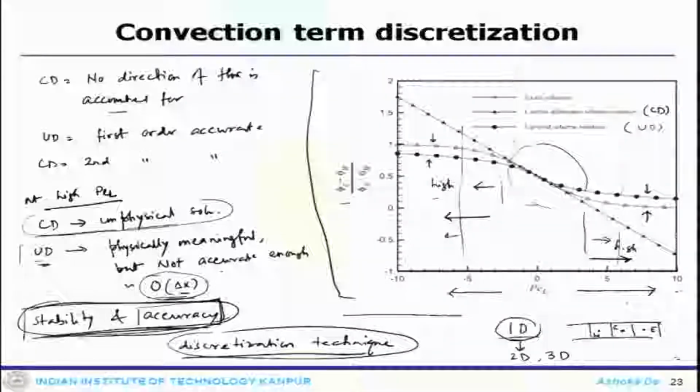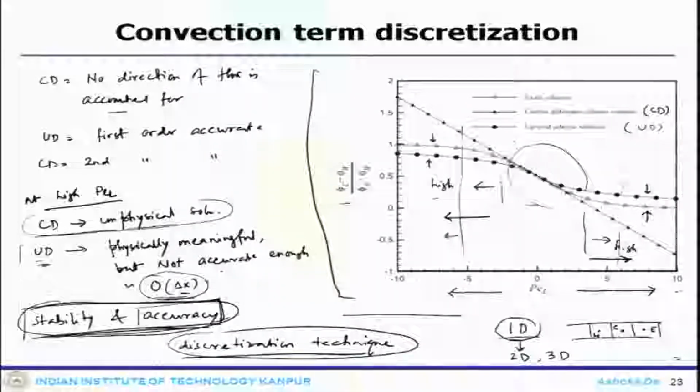The central difference scheme shows completely different behavior, while the upwind scheme follows the proper trend, but still there are certain discrepancies.